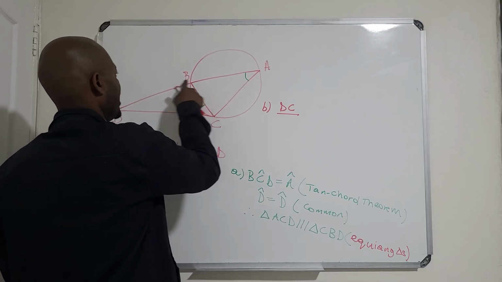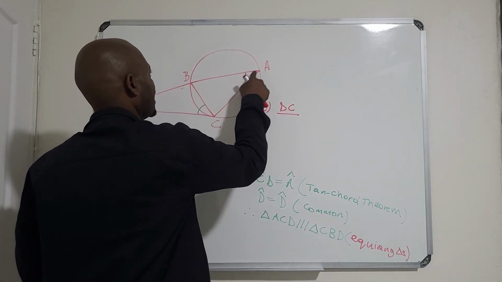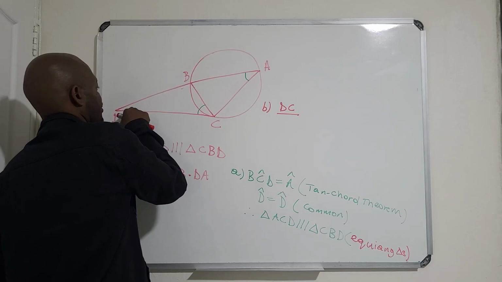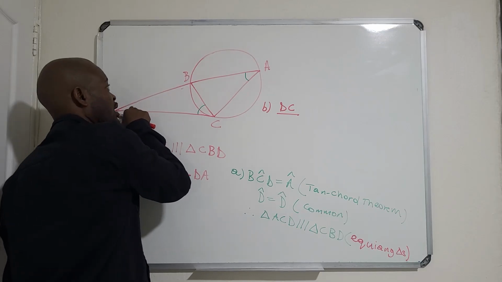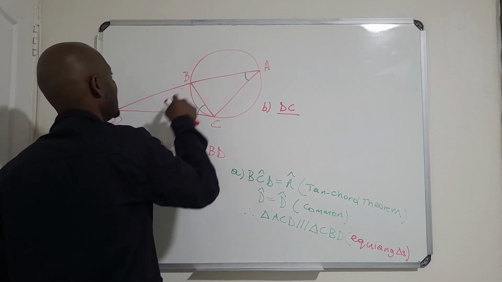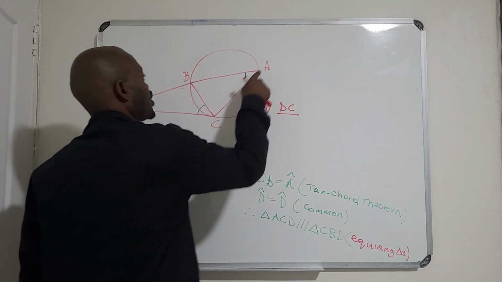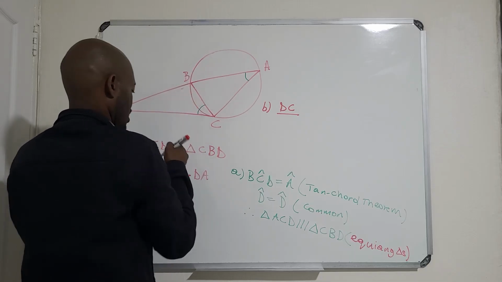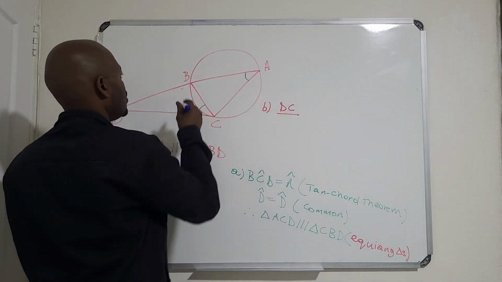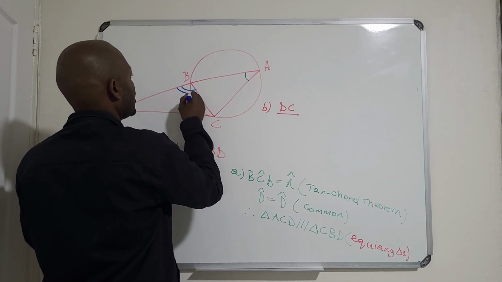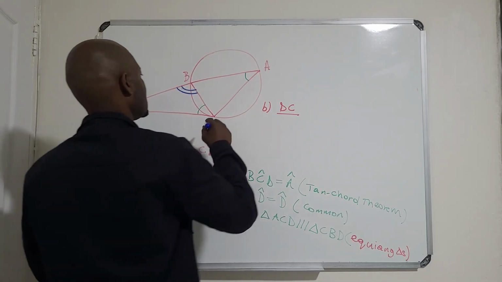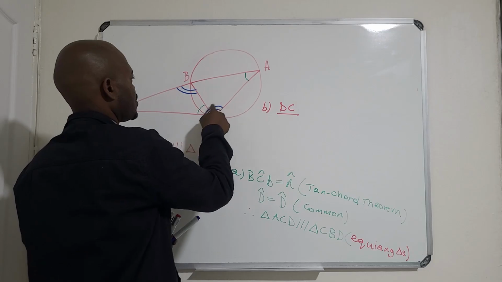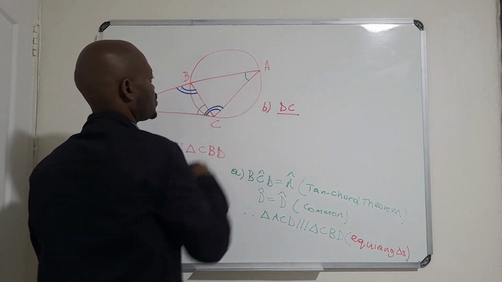Since this angle in this triangle is equal to this angle in that triangle, and this angle, which is D, is equal to D, I know that this angle here, I'm going to use a different color, is equal to this angle there. So this angle is equal to that angle.